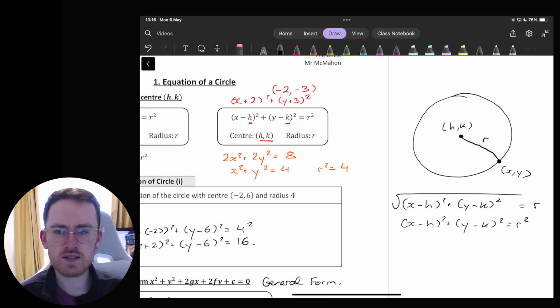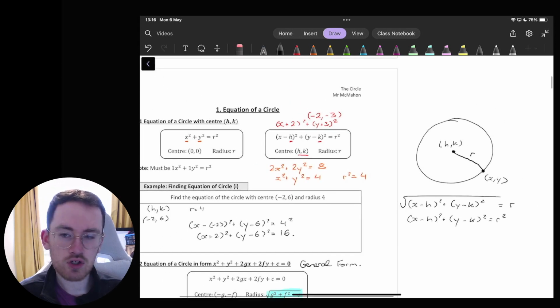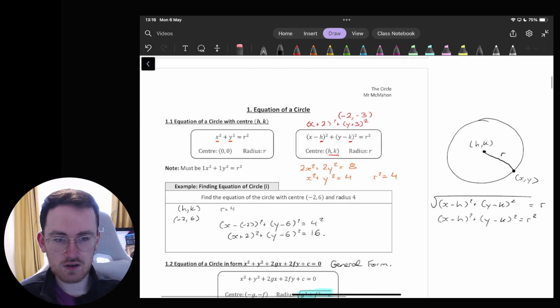Okay, so just showing how all of these are derived or related, and this could be quite important for us when we come to later points and we're looking at where points are on the circle, or whether points are inside or outside the circle. It could be worthwhile for us to have that idea of where this equation comes from.